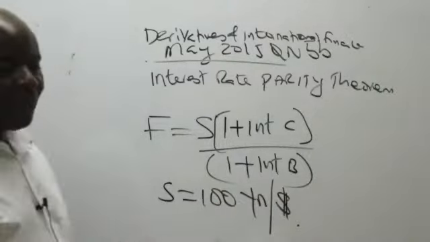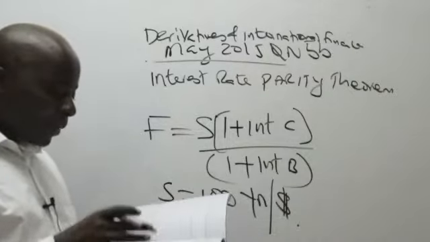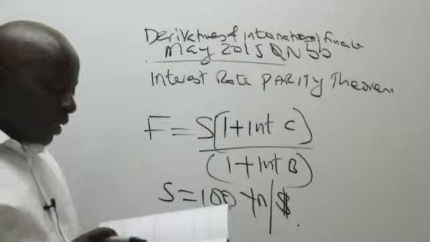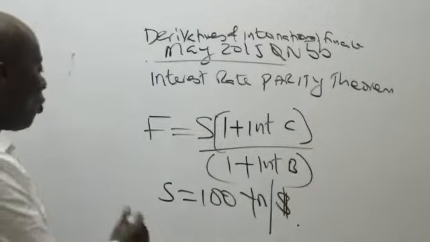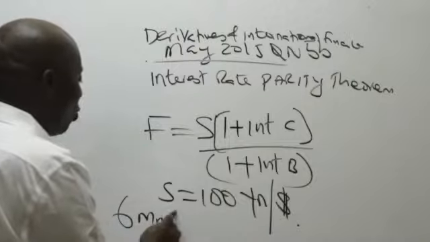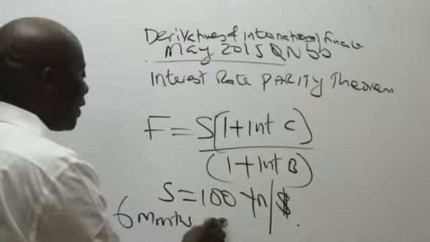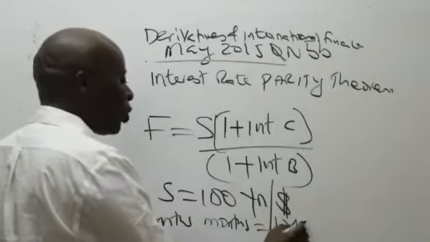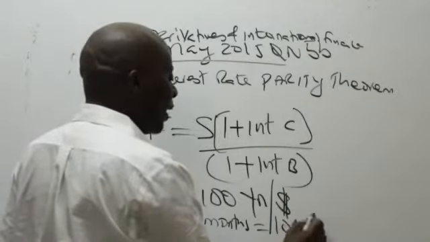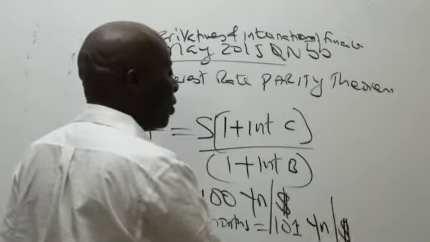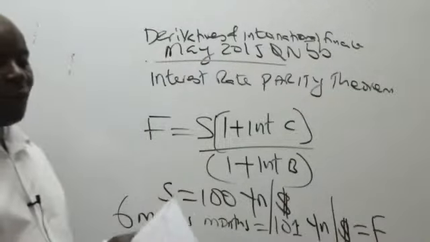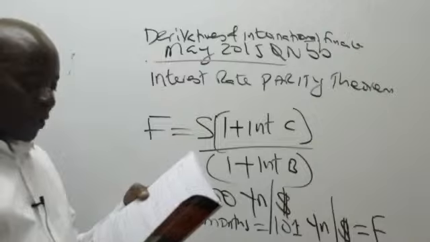The 6 months forward equals 101 yens per US dollar. This is the F, the forward rate, which has been given to us.